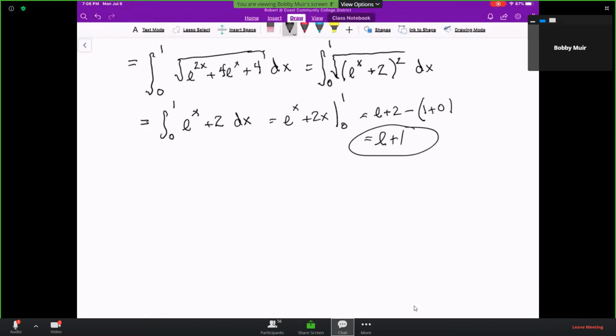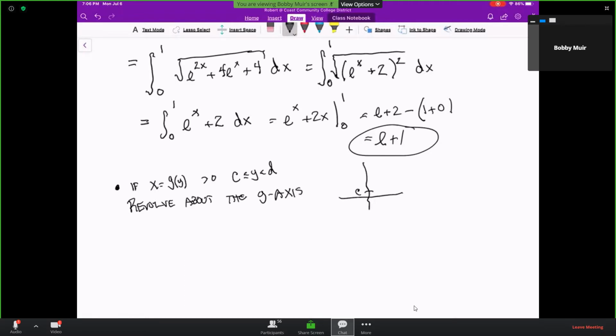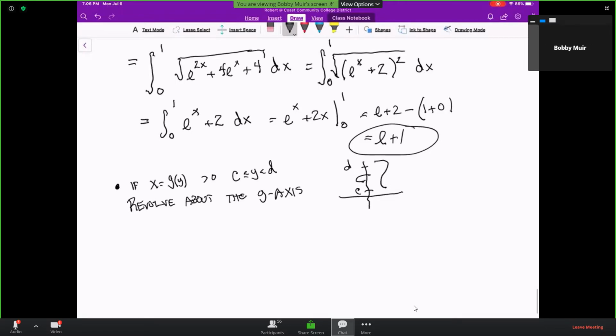Okay, now, some more stuff here. If we've got that x is a function of y, and it's positive for y between c and d, and we revolve about the y-axis, so meaning like this, here's c, here's d, and x is a function of y, so it's going to rotate around this.